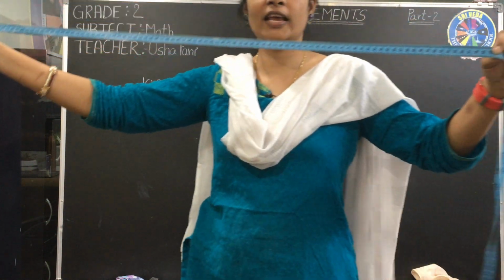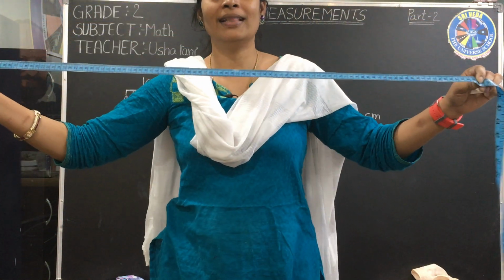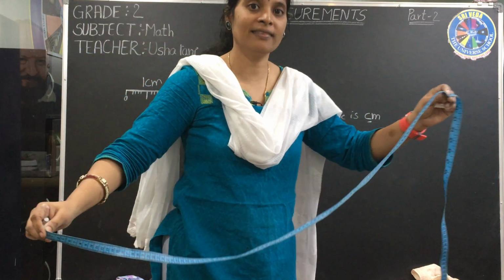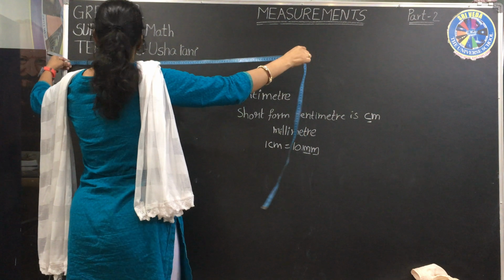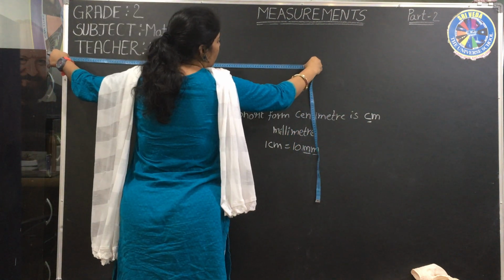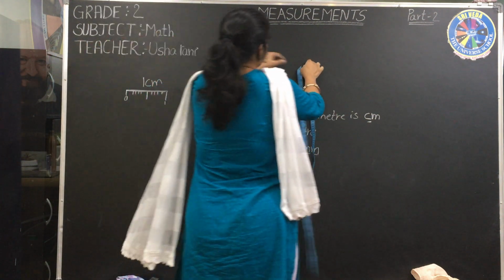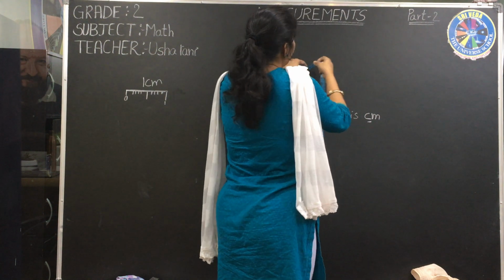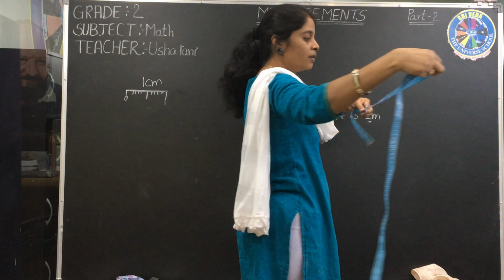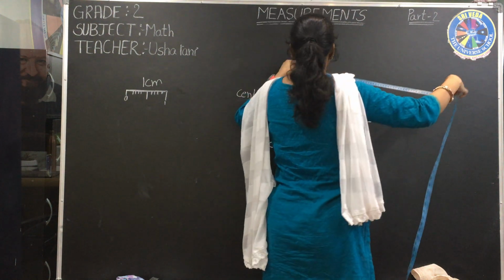Now I want to measure the length of this board by using this measuring tape. What is the length? Here to here is 100. Again you have to start from this point, not from 100.